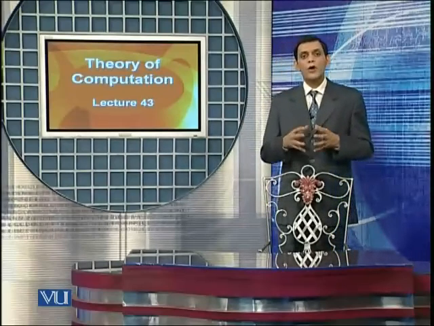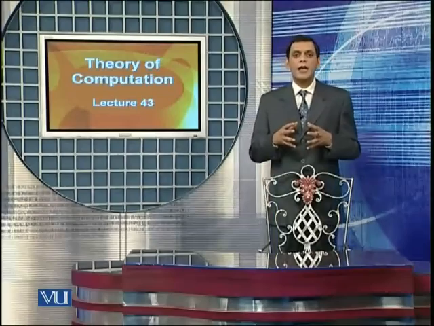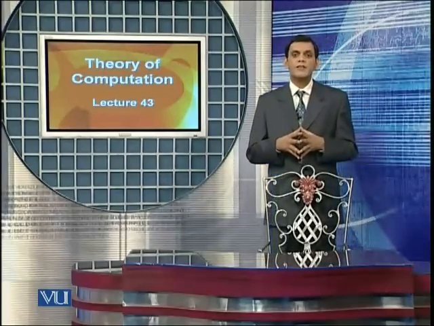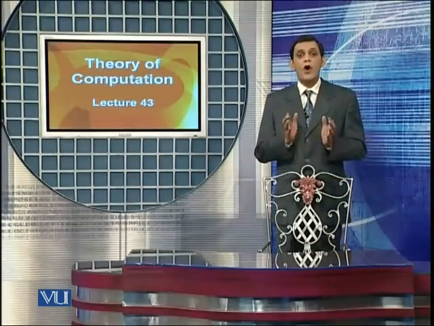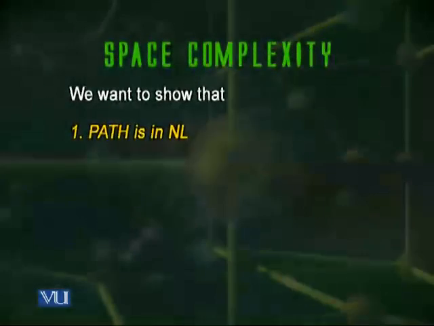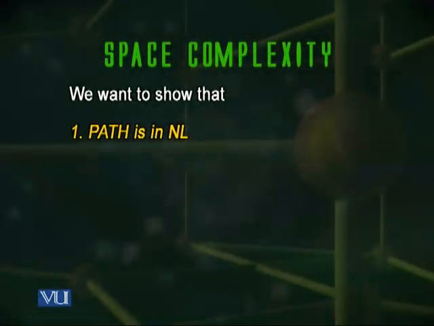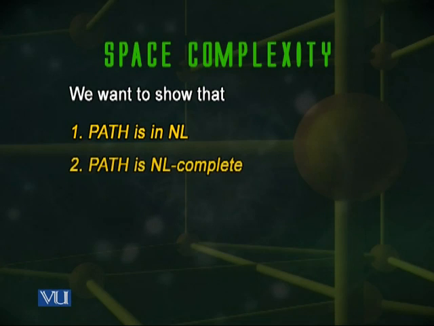We want to show that it can be solved by a non-deterministic Turing machine in space order log of n. So what we want to do is show that PATH is in NL. That would be the first part. And after that, we want to show that PATH is NL complete, or every language in NL is log space reducible to PATH. So these are the two tasks that we want to start with.